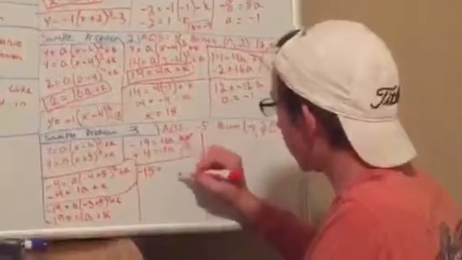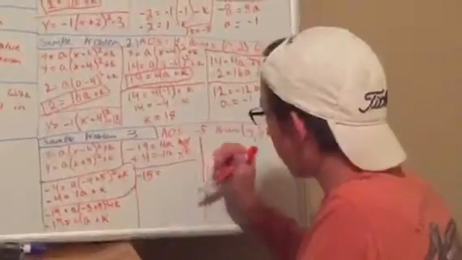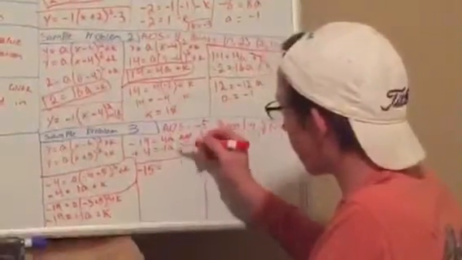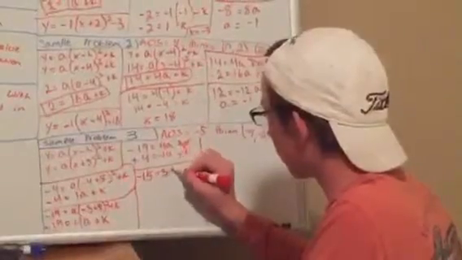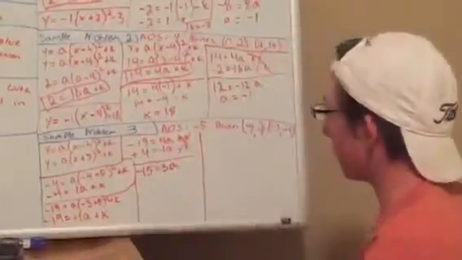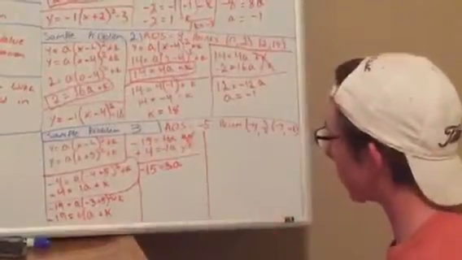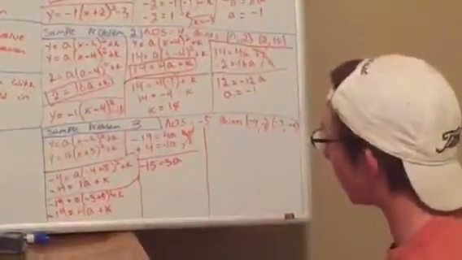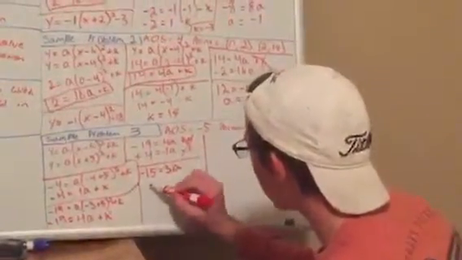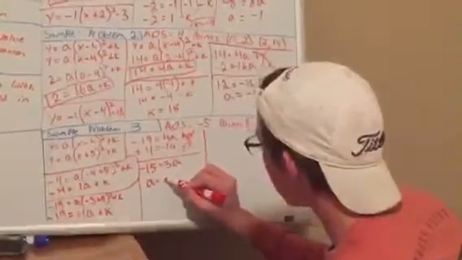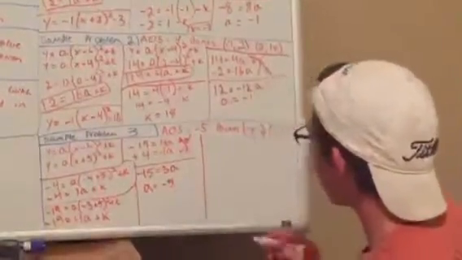That's equal to 3a, since 4a minus 1a. So doing basic math, that's going to be negative 5 to get you negative 15. So a is equal to negative 5.